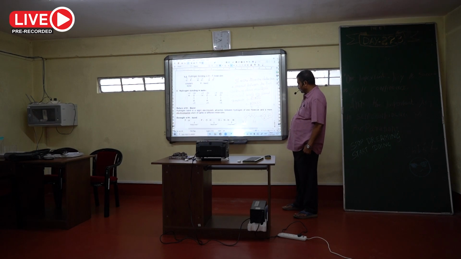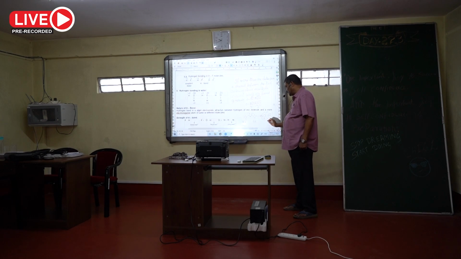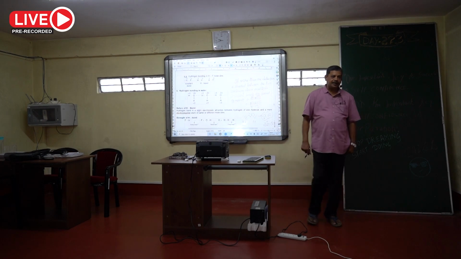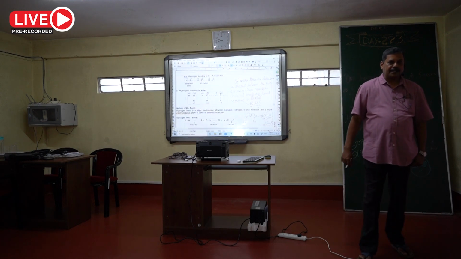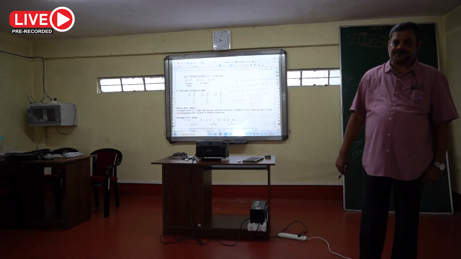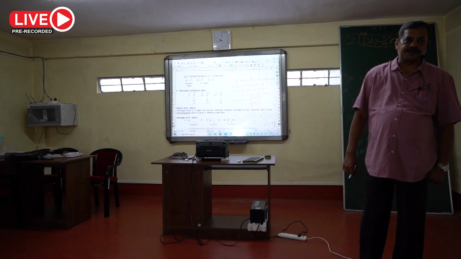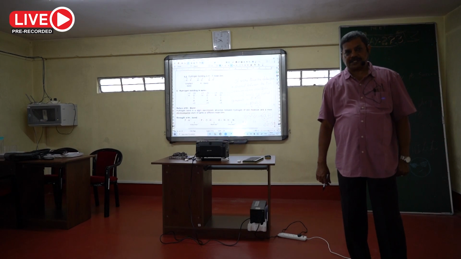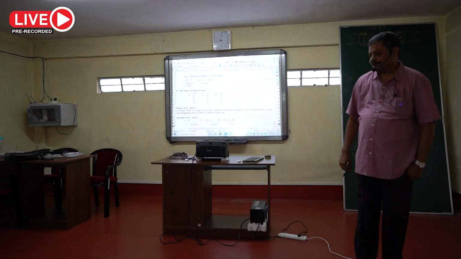So here how many pairs are shared between 2 oxygens? 2 pairs, that's right. A double covalent bond is formed. This is the first example for multiple covalent bonds. Oxygen forms a double covalent bond by sharing how many electron pairs? 2 pairs.